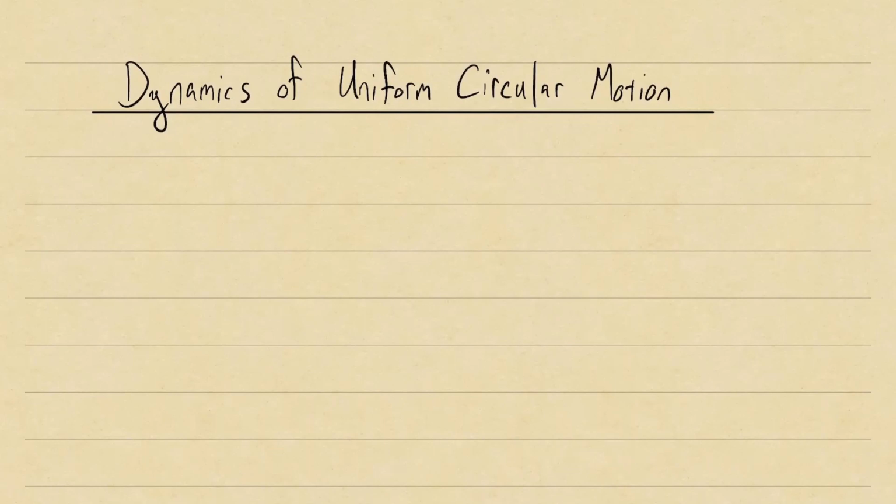So let us begin by defining what uniform circular motion actually is, so that we may work with it more precisely. So, definition.